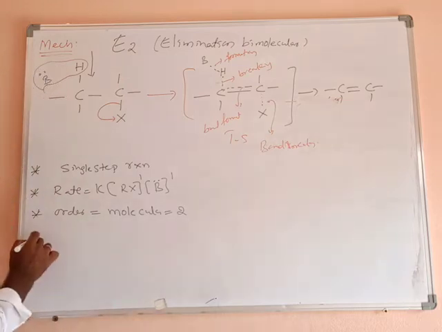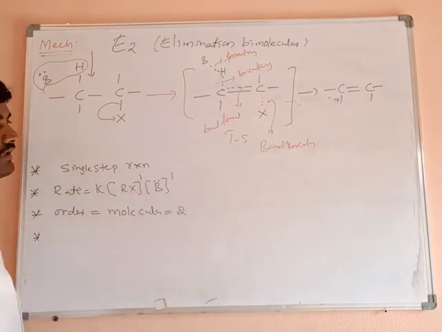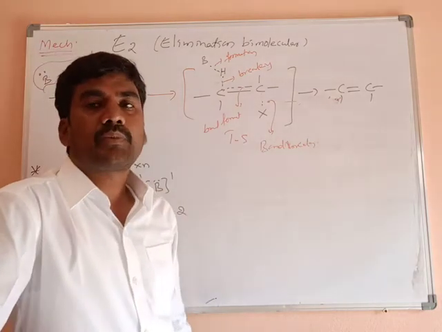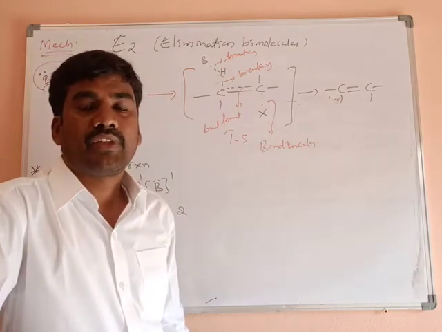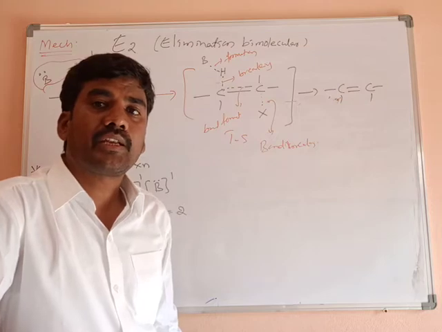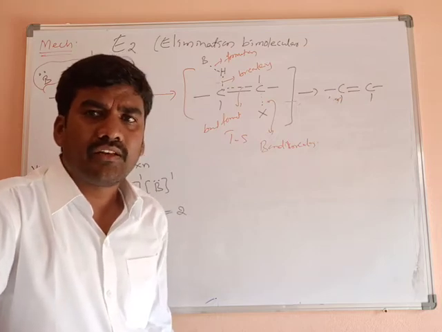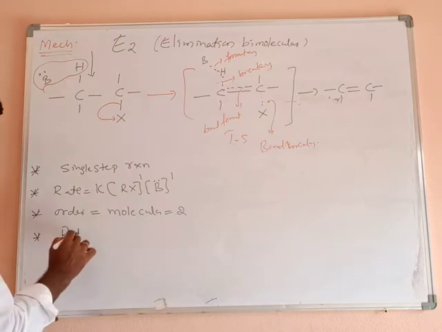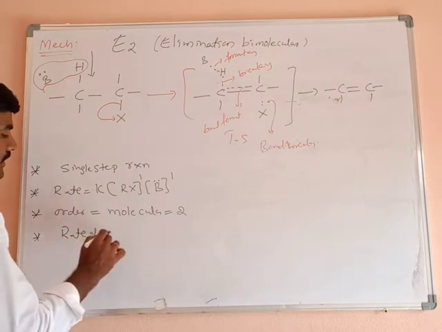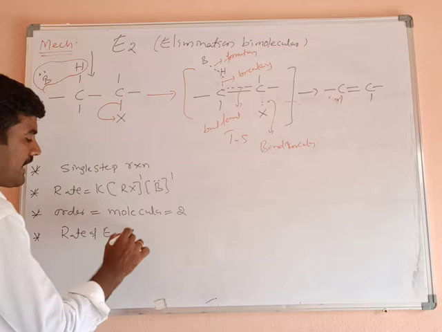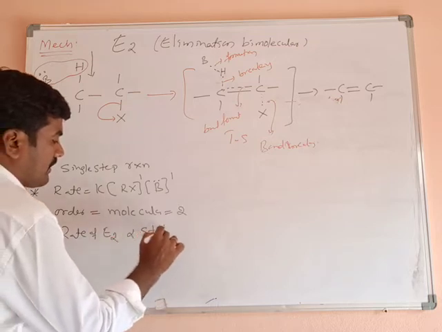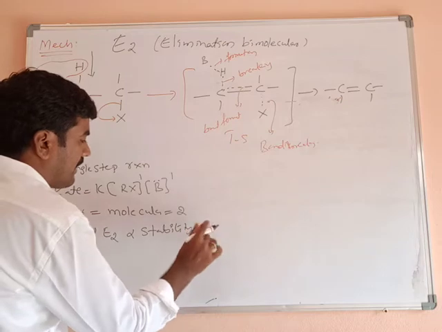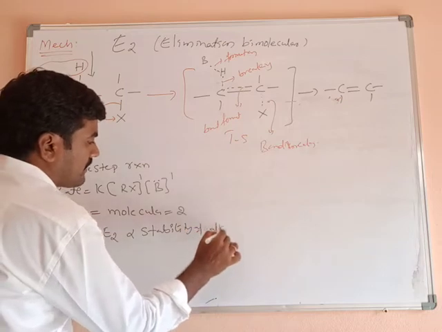Next, the rate of elimination reaction is directly proportional to the stability of the alkene. Clear? Rate of E2 elimination reaction is directly proportional to stability of alkenes.